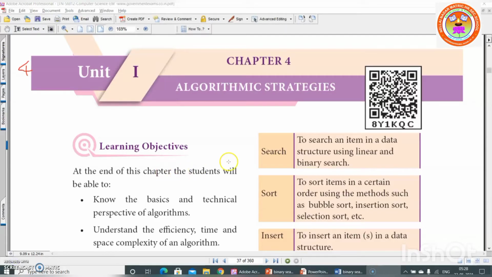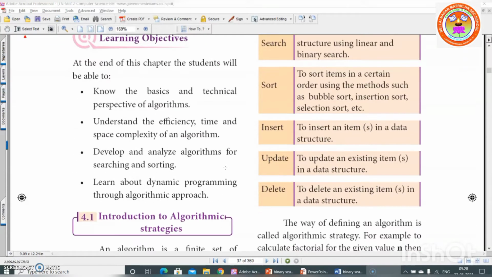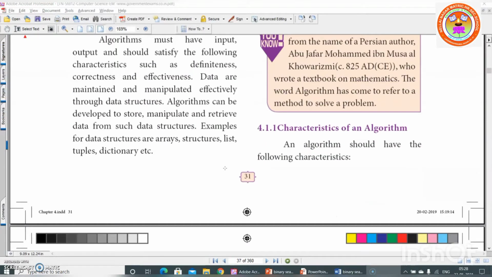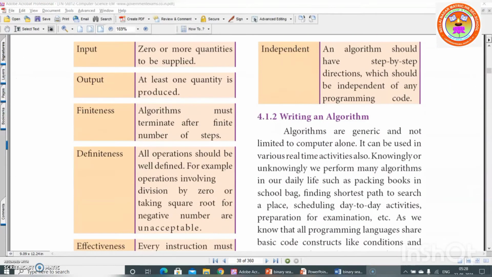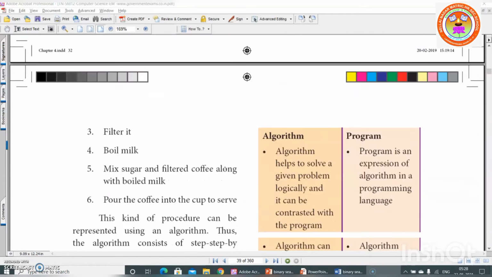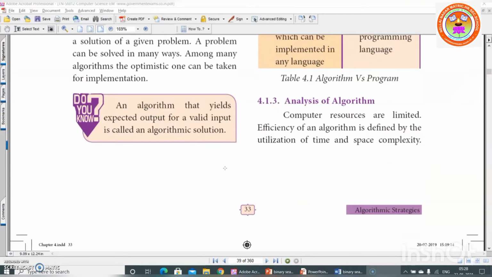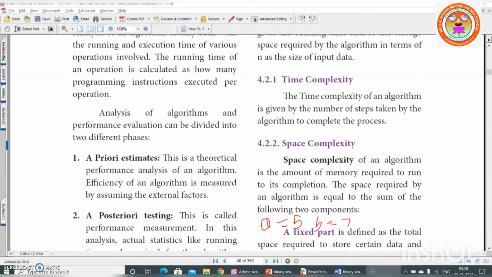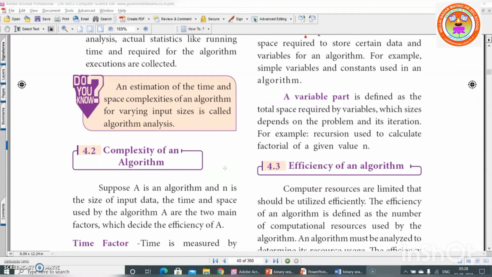In my last video, I explained about algorithmic strategies, and in that you learned how to search, sort, insert, update, delete in data structure, characteristic of an algorithm, writing an algorithm, then analysis of algorithm, time complexity, space complexity, then complexity of an algorithm.